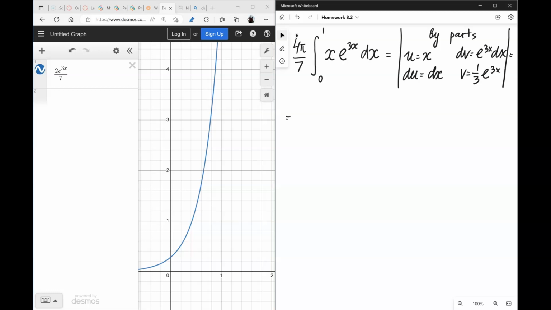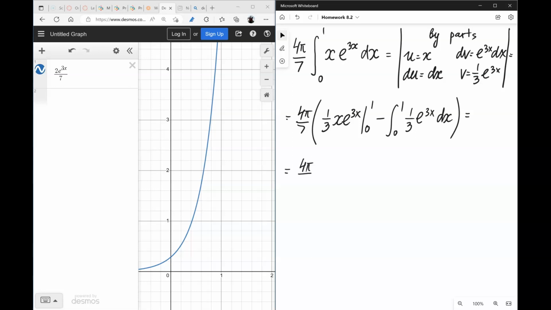Now we have 4 pi over 7, which is not part of the integration, but here we have uv, so 1/3 x times e to the power 3x, evaluated from 0 to 1, minus integral from 0 to 1 of v du, which now gives us this pretty straightforward path to the final answer.